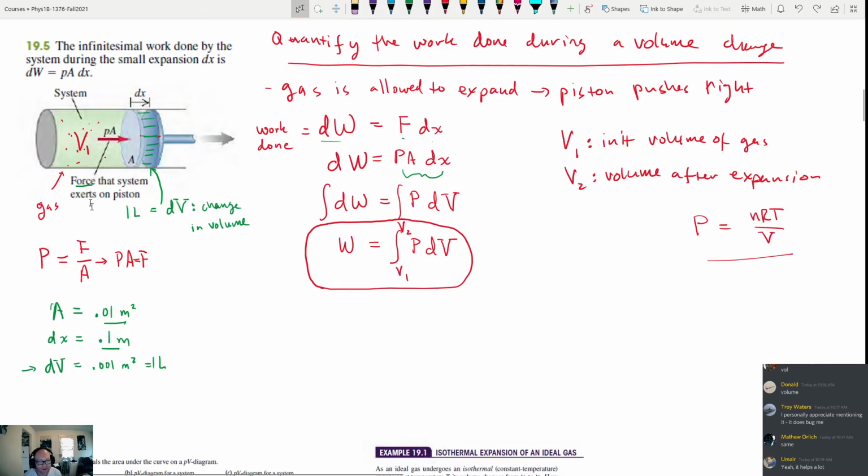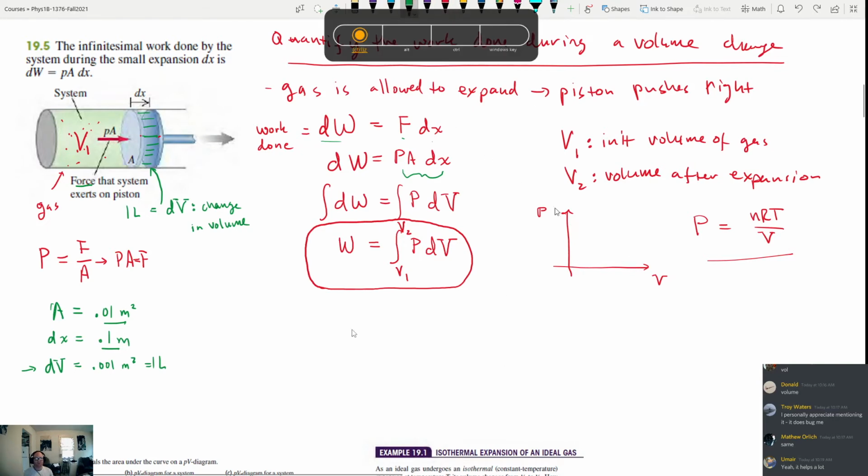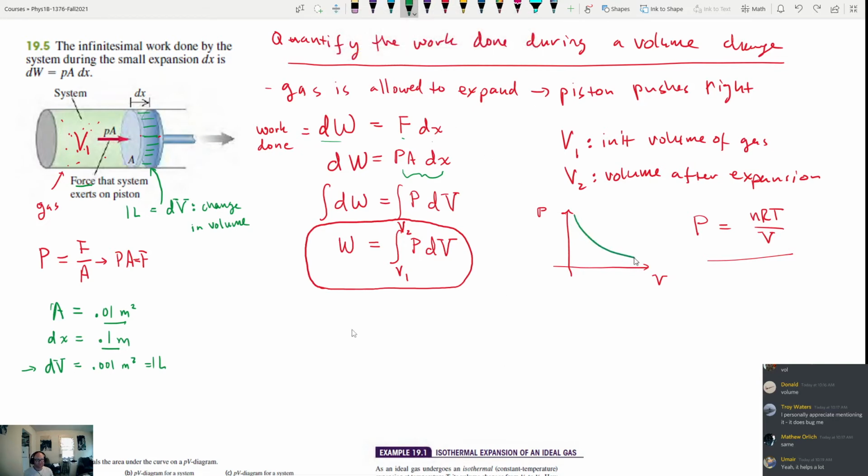But before we do that, I want to emphasize that this also means that if I have pressure as a function of volume, right? Like if I can plot pressure, with the ideal gas law, I can plot pressure as a function of volume, right? What would it look like? Well, it'd be something like this, right?